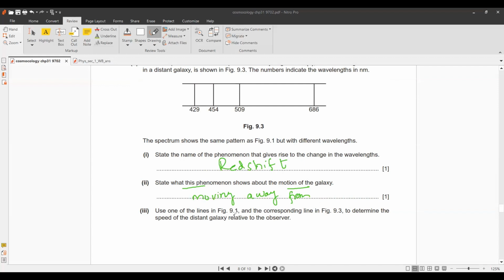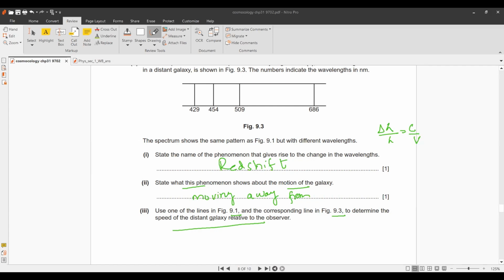And then use one of the lines in figure 9.1 and the corresponding lines in 9.3 to determine the speed of the galaxy relative to the observer. So we'll use the formula delta lambda over lambda is equals to v over c.